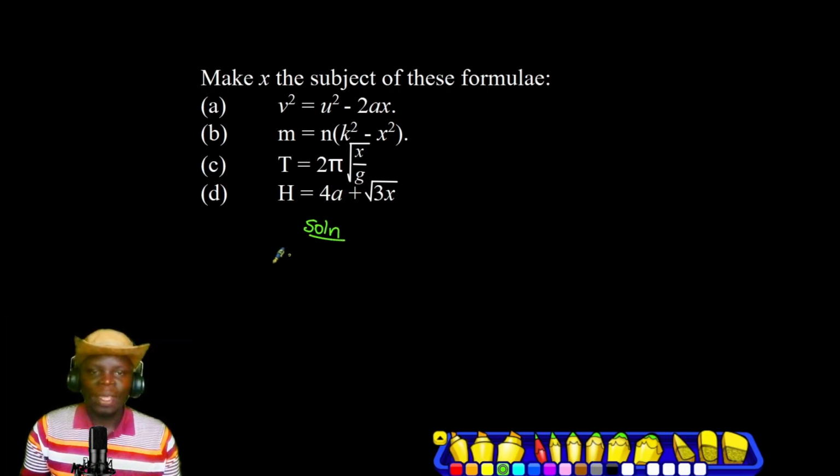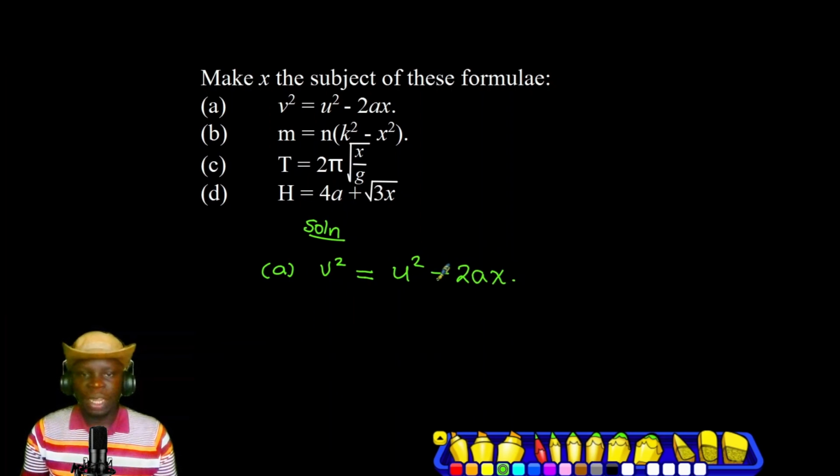So we're going to copy our question down here, and we have v squared equals u squared minus 2ax. Firstly, we need to eliminate this term, and since we're looking at x as the subject, we want to make this positive.